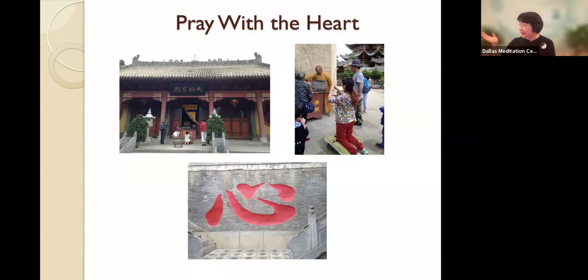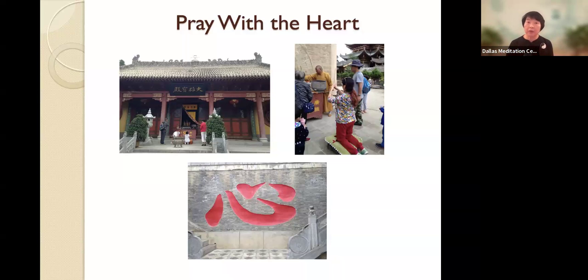This character is heart, like Heart Sutra, heart. So in a way, the character of heart, can you see it kind of looks like a heart? So instead of a human God figure, the heart character itself is a symbol.